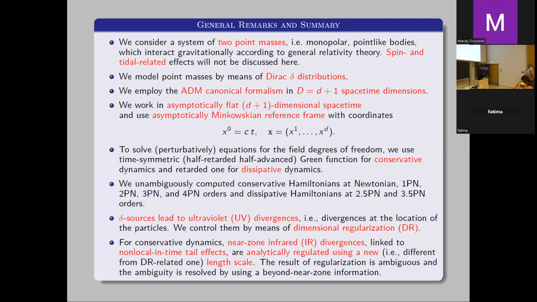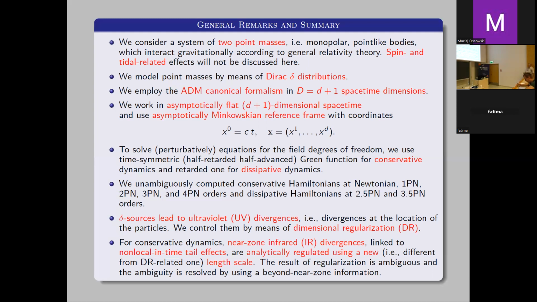Whereas for the dissipative dynamics, we will use retarded Green functions only. And the result is as follows. We unambiguously computed conservative Hamiltonians at Newtonian, not surprising, 1PN, 2PN, 3PN, and 4PN orders, and dissipative Hamiltonians at 2.5PN and 3.5PN orders. So we worked out all post-Newtonian stuff up to 3.5 post-Newtonian order inclusive.